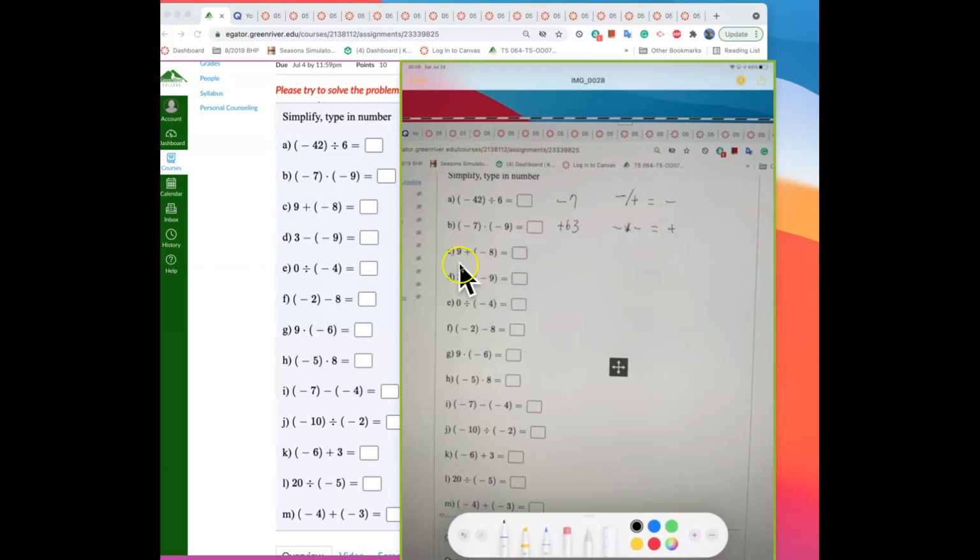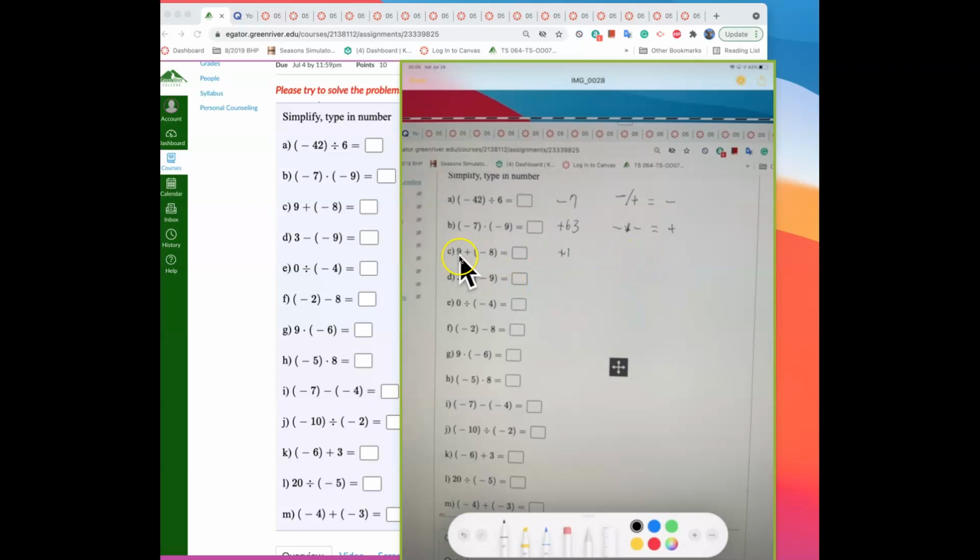The next one is an addition rule, and for these you can use a number line if you want. This is a positive 9 and a negative 8, and you're combining those. Basically this is just 9 minus 8, which leaves positive 1. But you can use different rules.